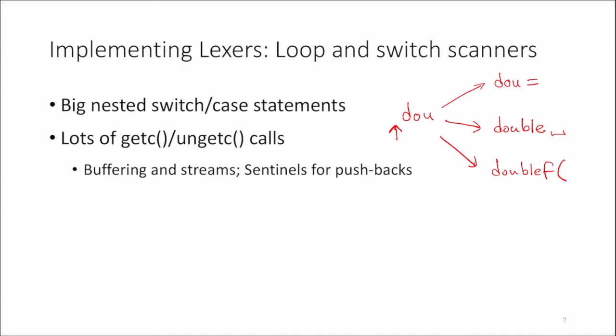If something goes wrong, I go back to this sentinel over here. A sentinel is there for not just one character pushbacks, but if you want to reset and start again to find a different token. This can happen sometimes when you're doing comments or strings, which can be quite long potentially in a program.